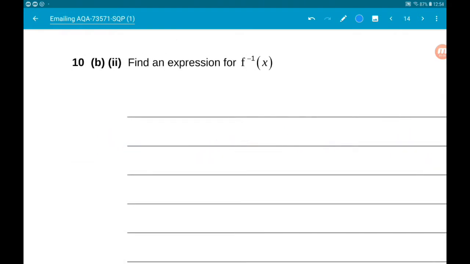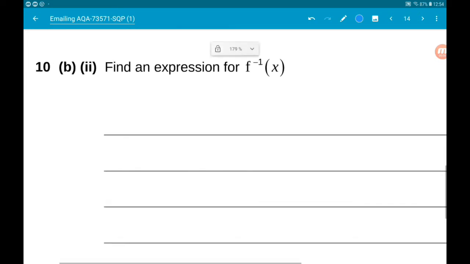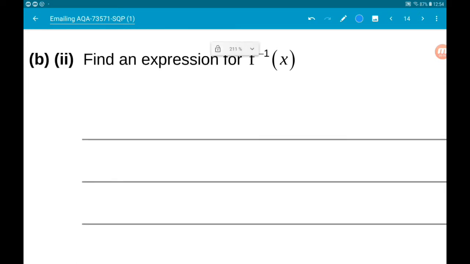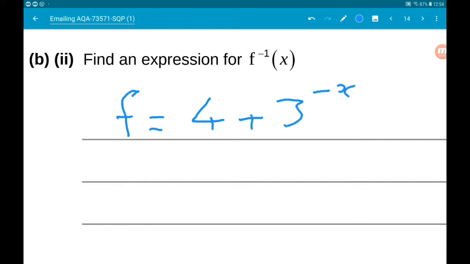Okay, and now we want to find an expression for f minus 1 of x. We're going to start by saying f is equal to 4 add 3 to the minus x. Now we want to make x the subject of this formula.